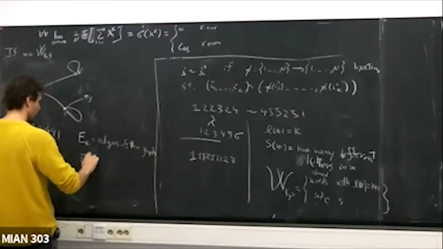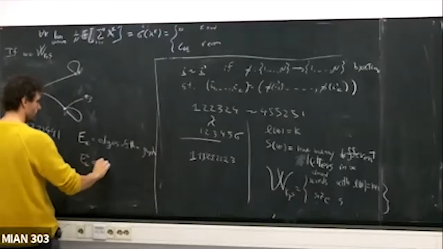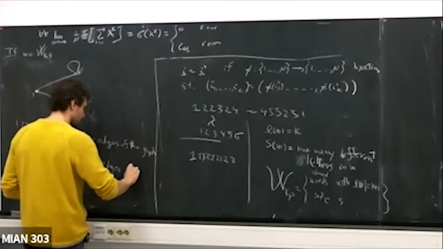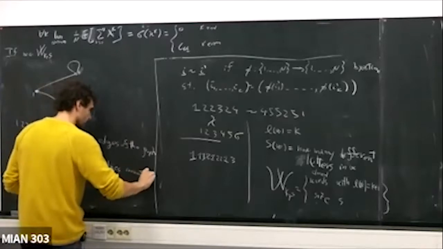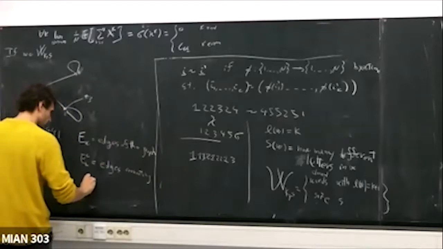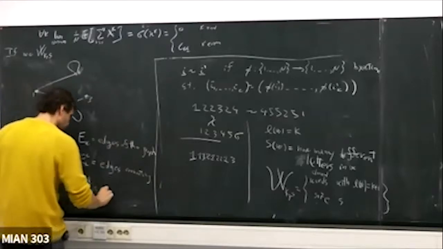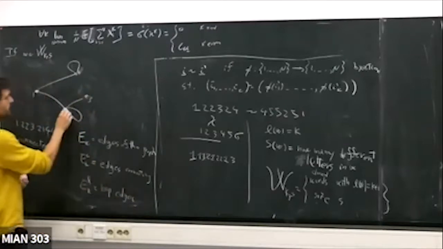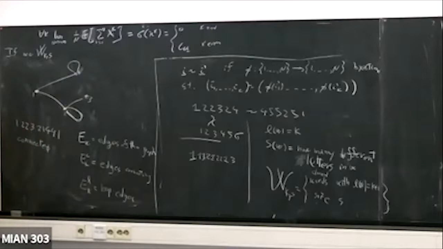We can call E_c(W) the edges that are connecting, which just means that they have two different endpoints, and E_loop(W) the loop edges, which are just edges where the two endpoints are the same. So E(W) is the union of these two.